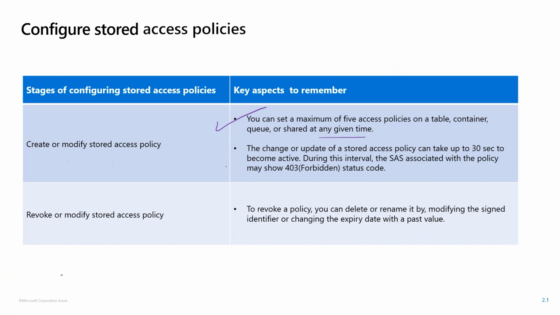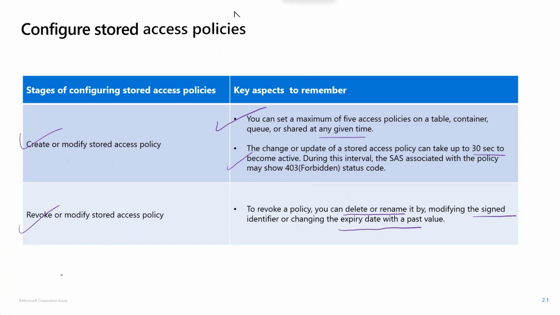Understand too that the change or update of that shared access policy can take up to 30 seconds before becoming active. You also have options to revoke or modify a stored access policy. In doing so, you're able to delete or rename it, modify its signed identifier, or change the expiration date value.